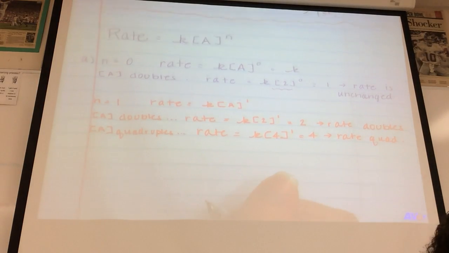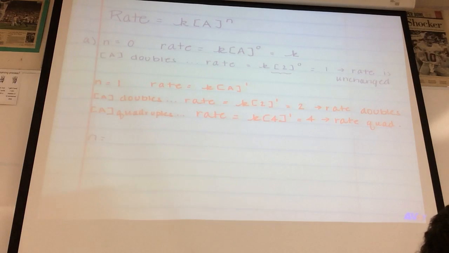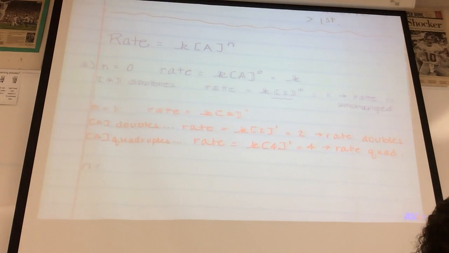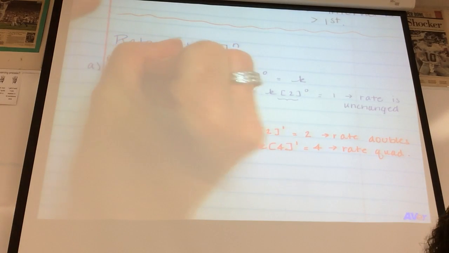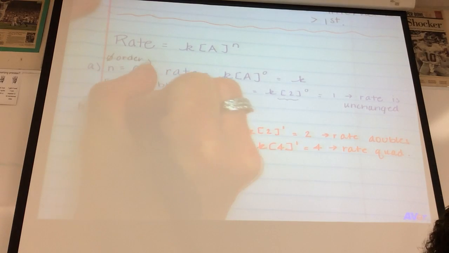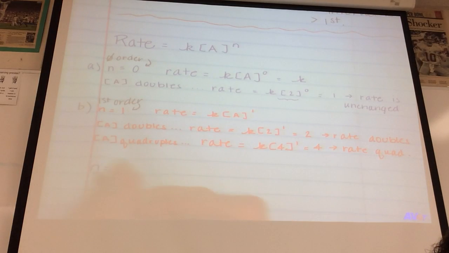Now, let's say you have second order, what would n be equal to? That's what I thought, it might not be clear. Okay, so if you have 0 order, then n is 0. If you have first order, then n is 1. So if you have second order, then n is 2.